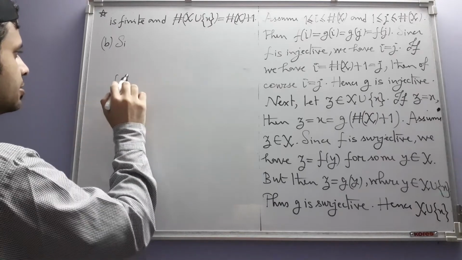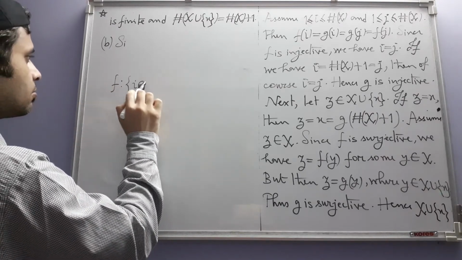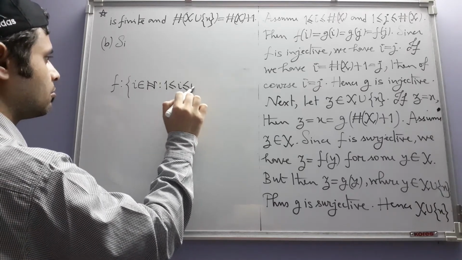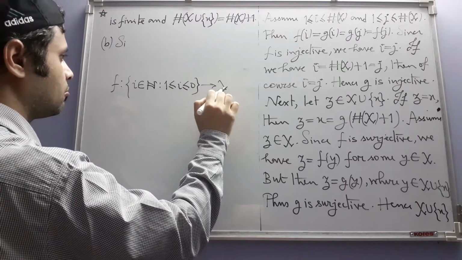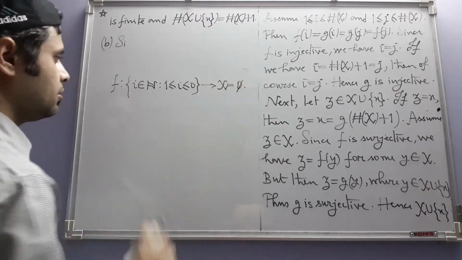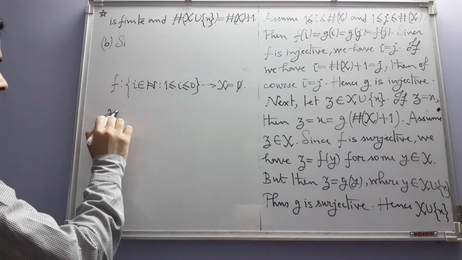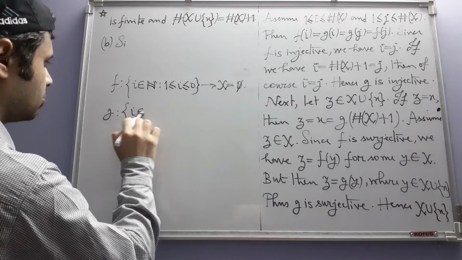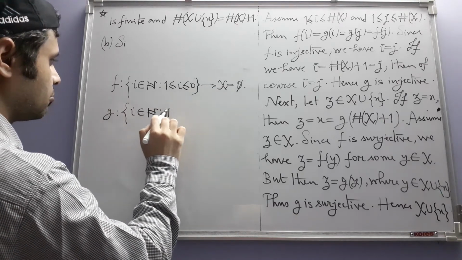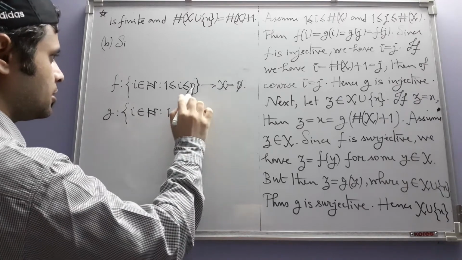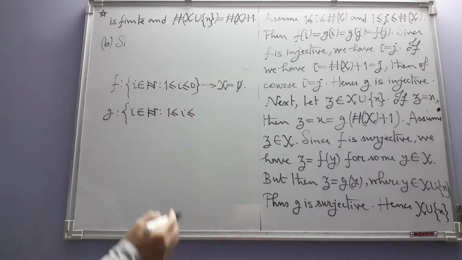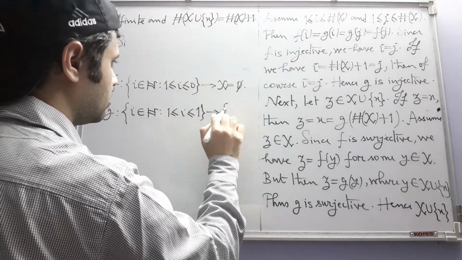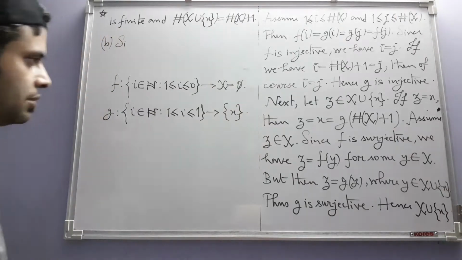If f is this function, which is the empty set, then can we define g like that, like the way we have defined it? This is the cardinality of x, so in place of cardinality of x we have 0, so 0 plus 1 is 1, and we have this.